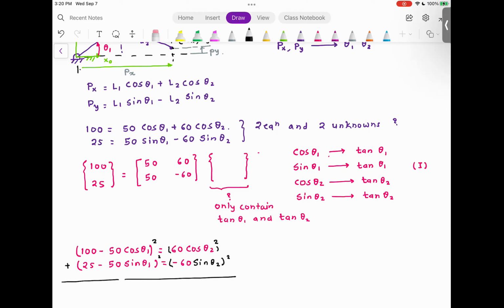There will be a sine theta 1 and a cosine theta 1. Once you combine everything, you can just divide, and then you will get a nice expression for tan theta 1, and that will give you the answer. Everyone understood this? So this is method 2.